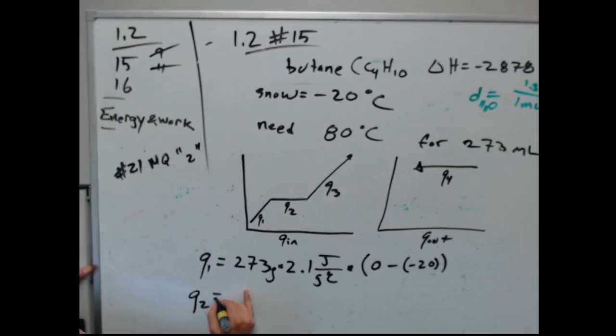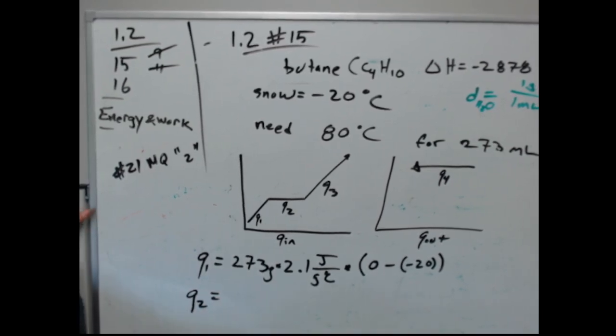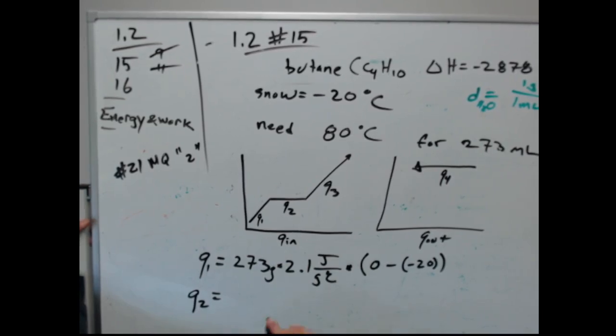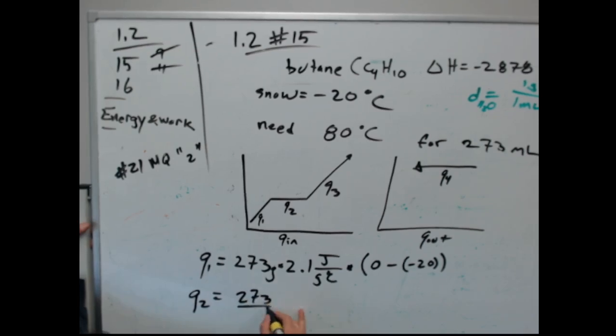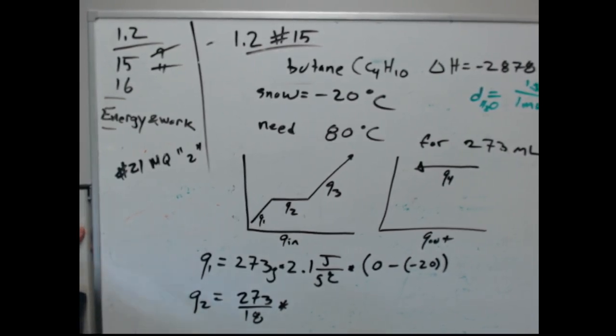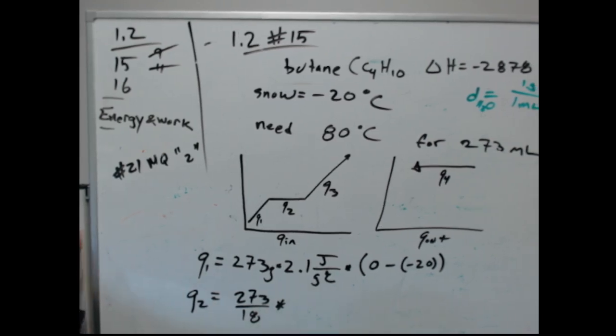Q2 is going to be the enthalpy of melting, the reverse of fusion. That's going to be, again, the 273 divided by 18 to get it into moles, times the enthalpy of fusion, which is... I was just trying to remember if I did it. No, that was ice melting, so we're still okay. It's melting.